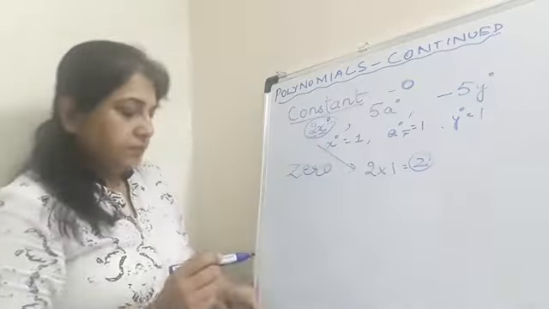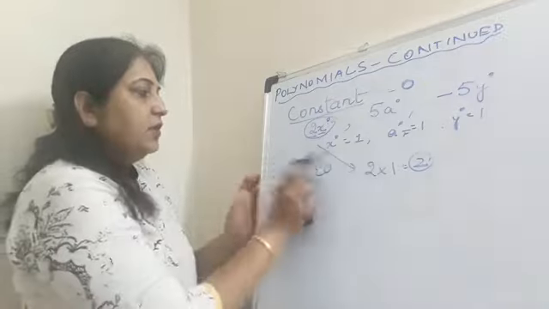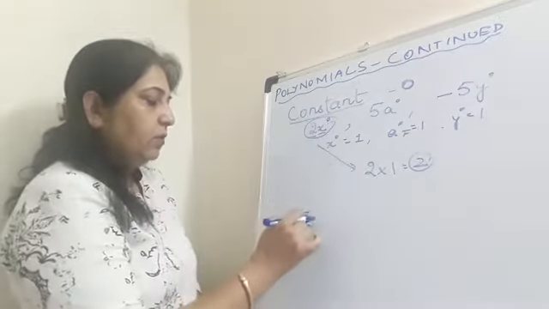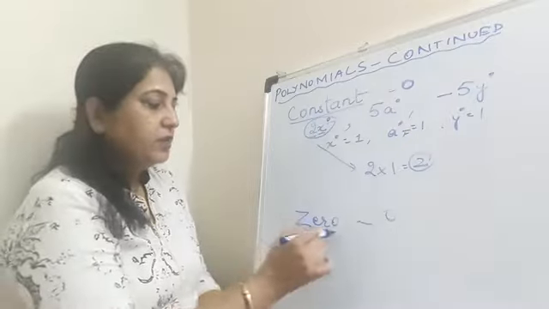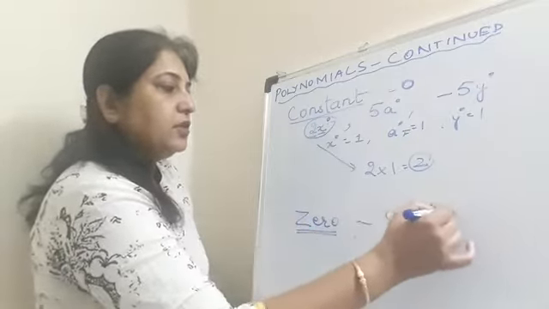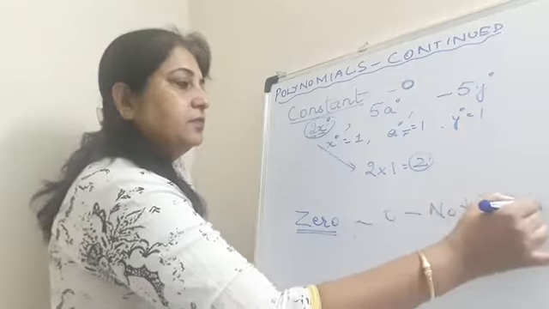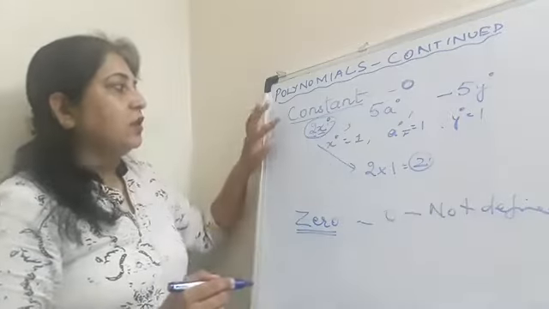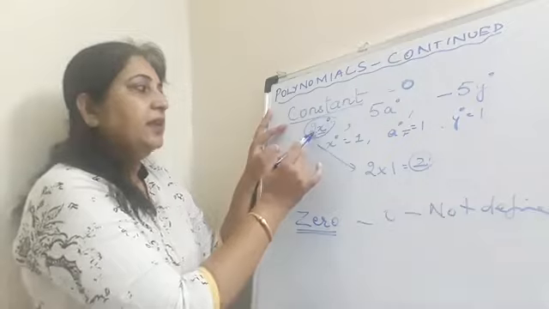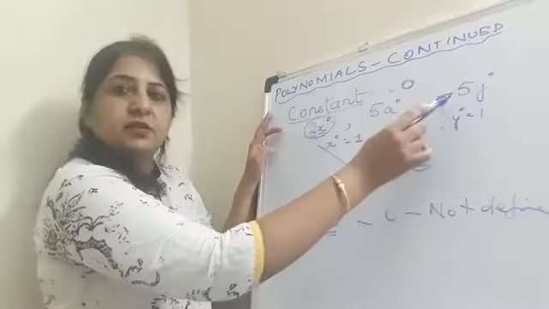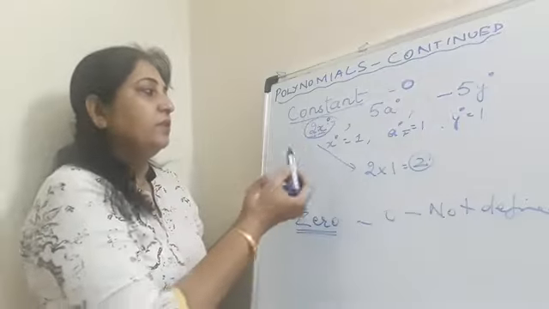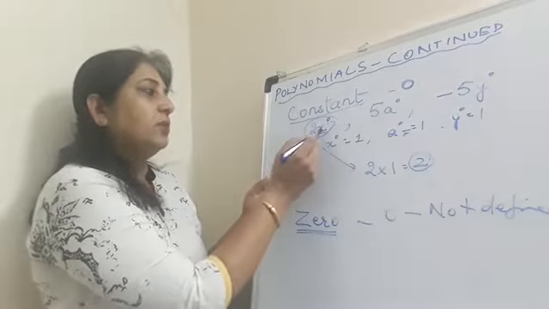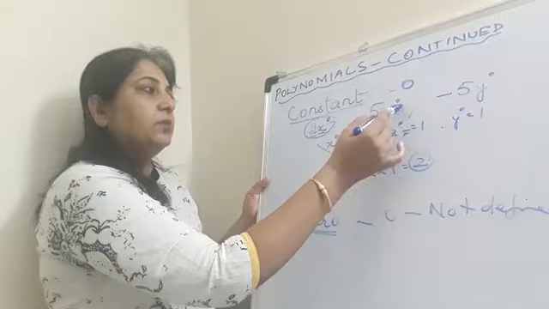Okay, then zero polynomial. Zero polynomial means 0, and the degree of the zero polynomial is not defined. Okay, so once again, constant polynomial means any number like 2 or 5 or minus 5. Then if you want to know what is the degree of this polynomial, we can write 2 as 2x to the power of 0 or 5a raised to the power of 0.